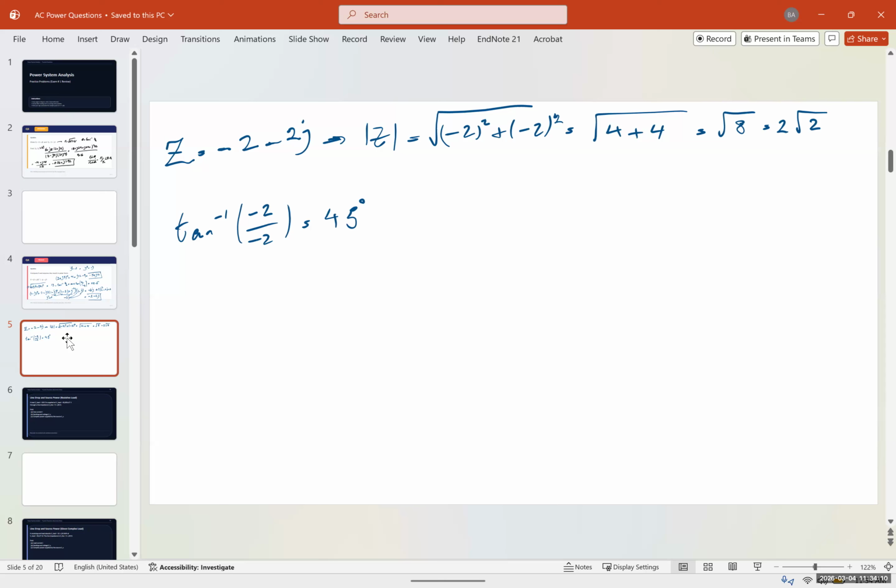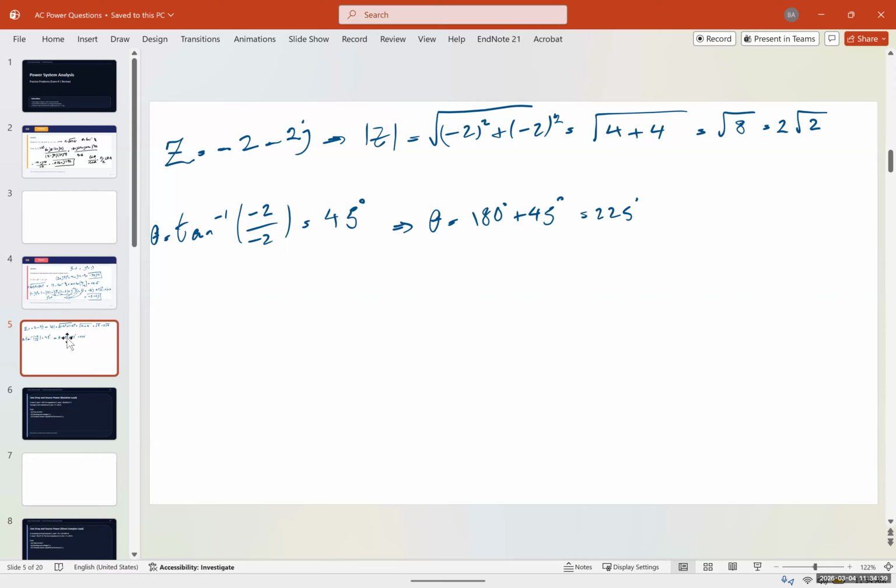So when it's negative, it means it has a 180 degree shift, because it's in the third quarter. So theta, by the way this is theta, would be equal to 180 degrees plus 45 degrees, which gives us 225 degrees.